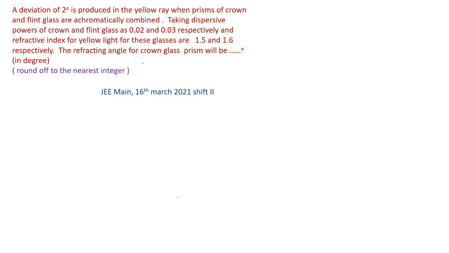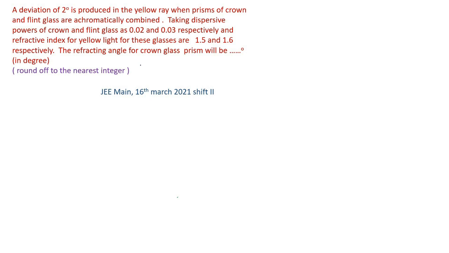When white light is passed through a prism, two things may take place: deviation and dispersion. What is deviation? Deviation means the direction of the emergent ray is different from the direction of the incident ray.